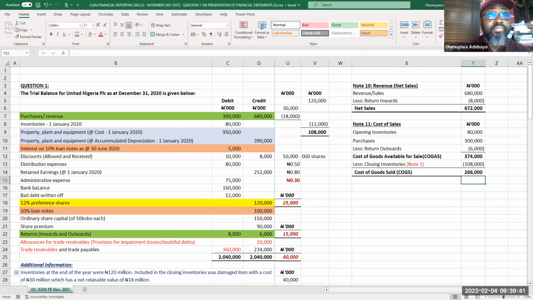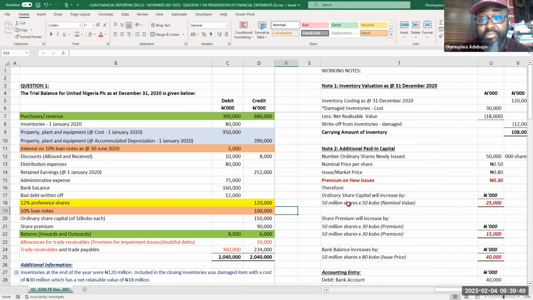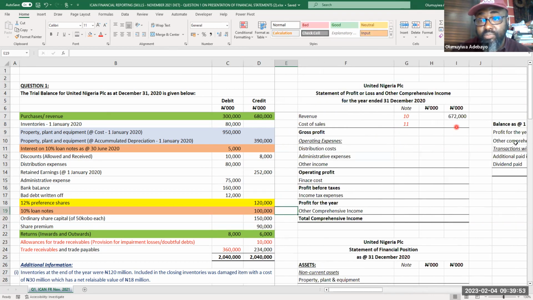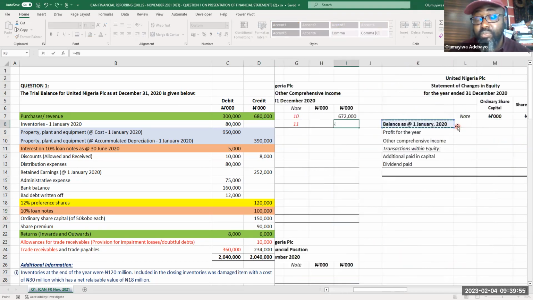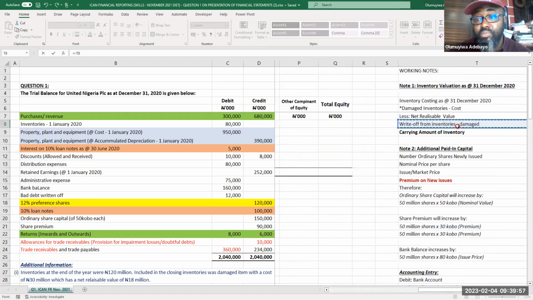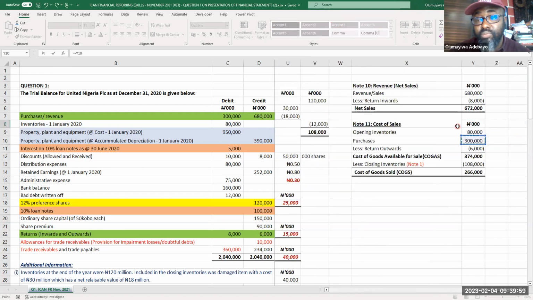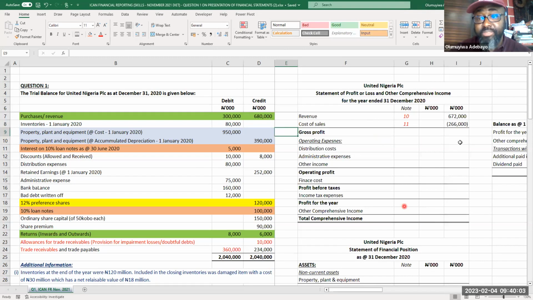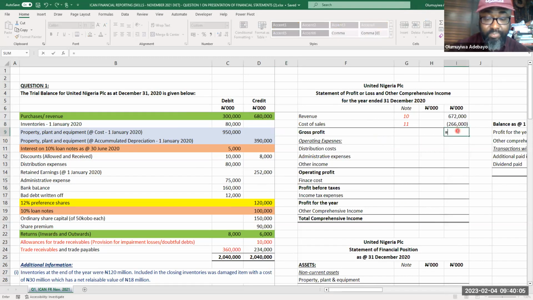Okay. I link it. Note 11. Now, what is my gross profit? It is the difference, which is 406.